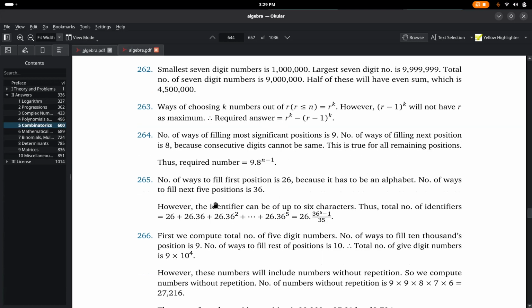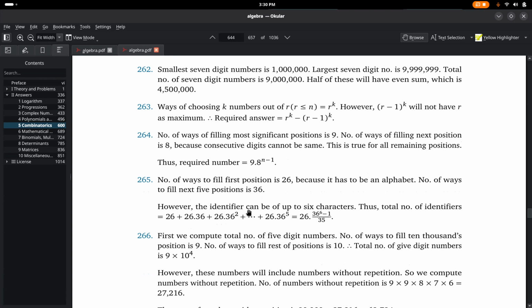So if it is of 1 character, the number of ways would be 26. If it is of 2 characters, then the first character can be filled in 26 ways, the second in 36, so 26 multiplied by 36. If it is of 3 characters, the first one can be filled in 26 ways, the next 2 in 36 ways each, so 36 square.